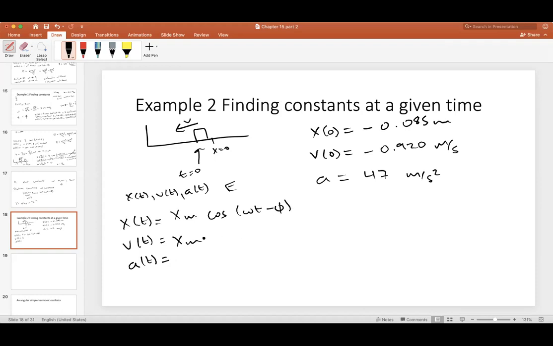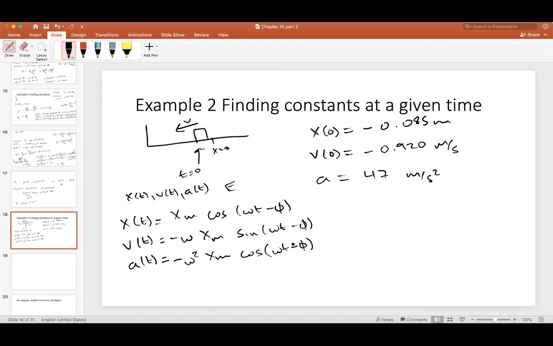Negative omega x max sin(omega t minus phi), and negative omega squared x max cos(omega t minus phi).